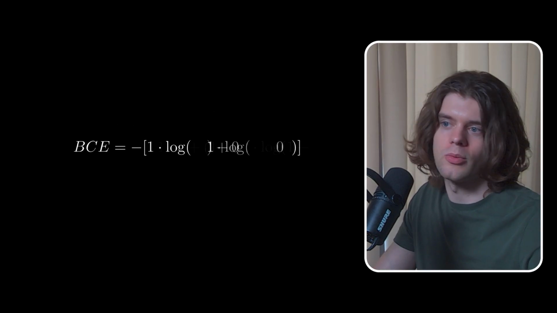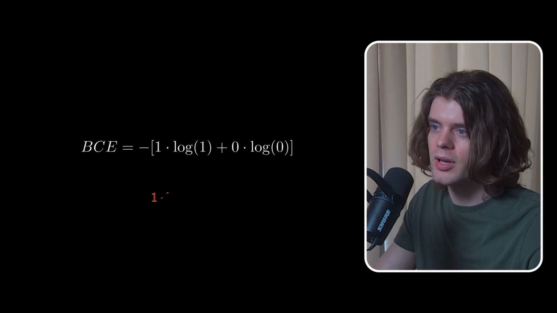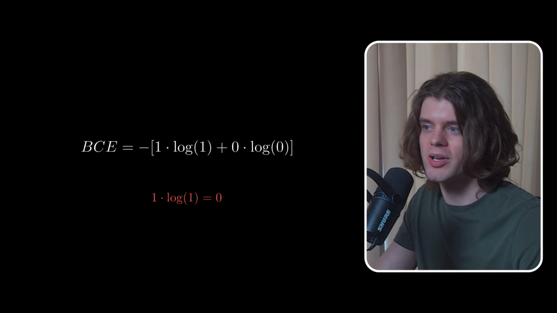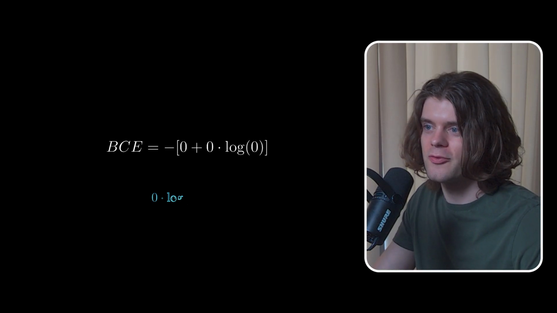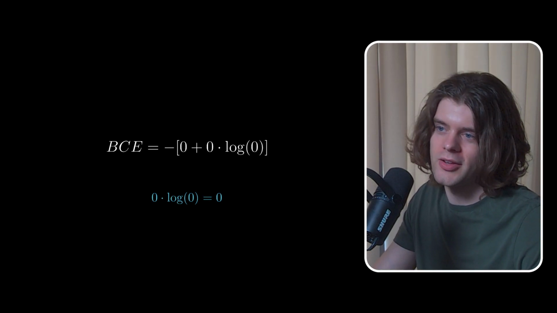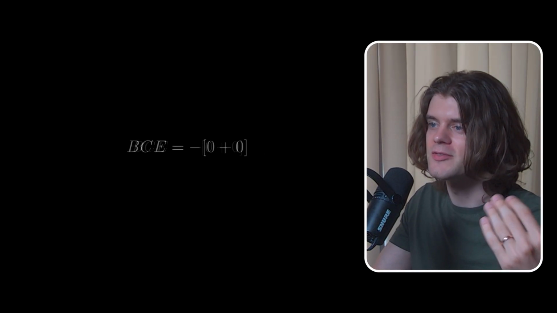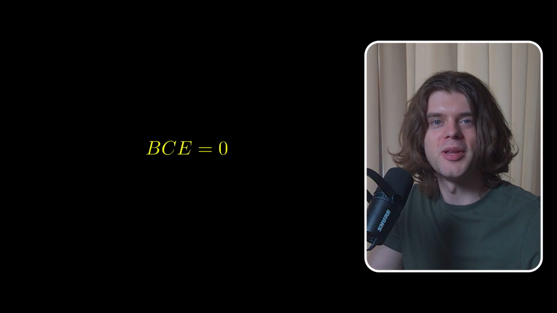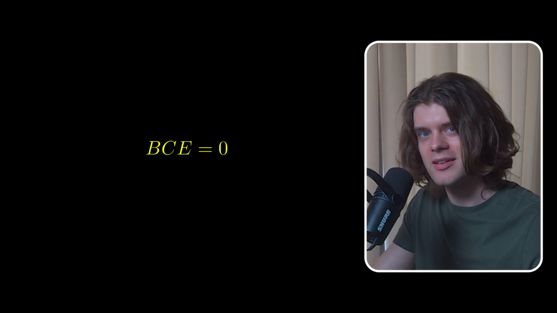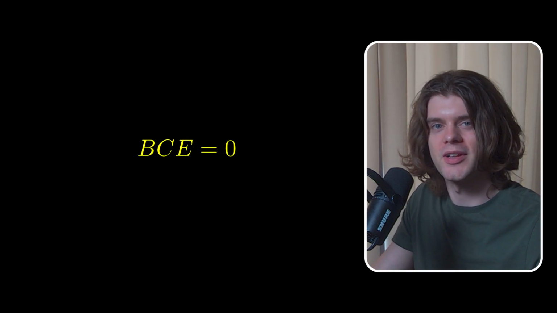And log of 1 is of course 0, and the second term vanishes because it's multiplied by 0. The perfect hit for the positive class, and again the loss is 0. So think of these two cases as the sweet spots at either end of the probability axis. Nothing to penalize, everything works perfectly.